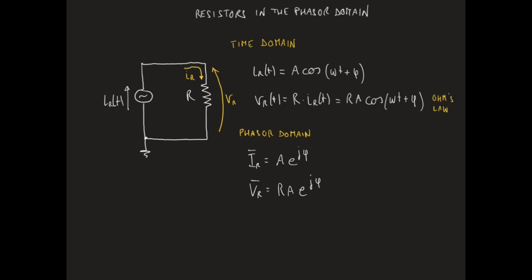But A e to the j phi is simply the current phasor IR. So the phasor VR can be written as R times the phasor IR.